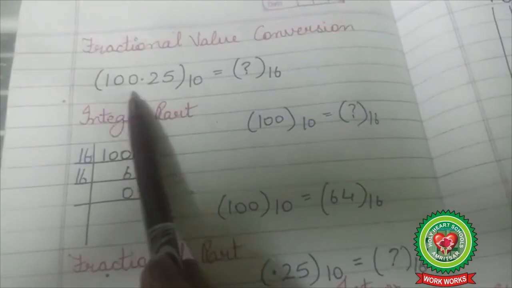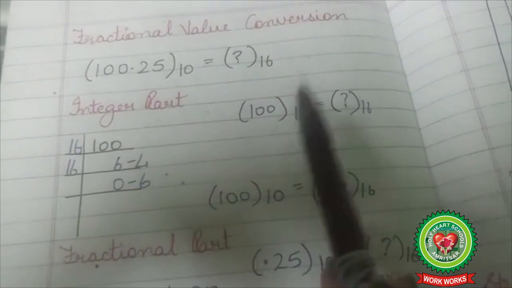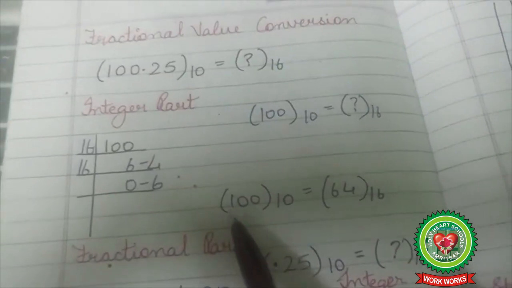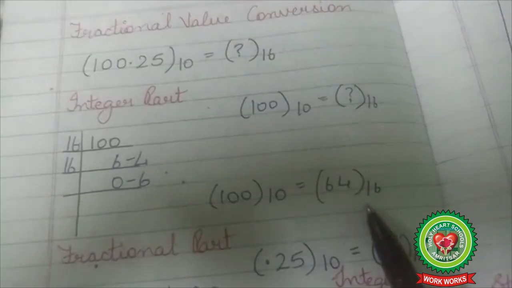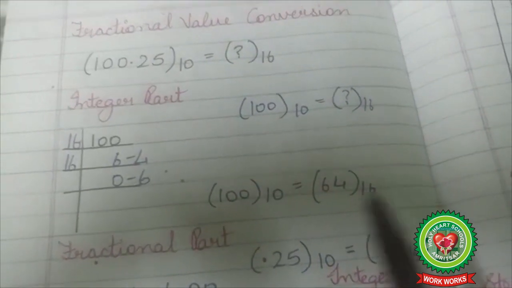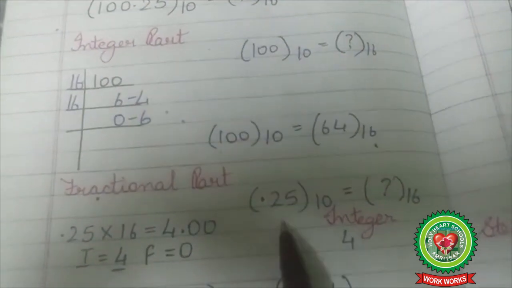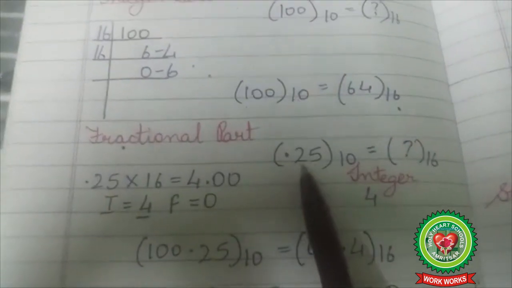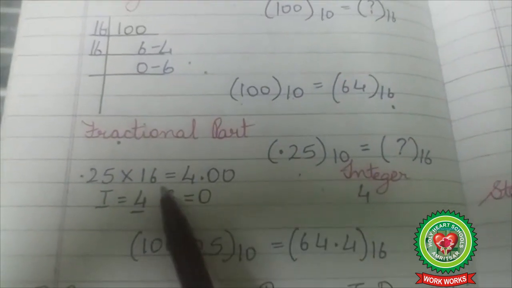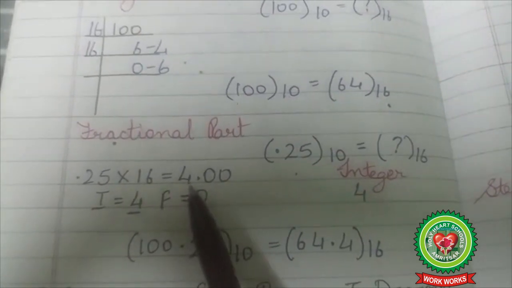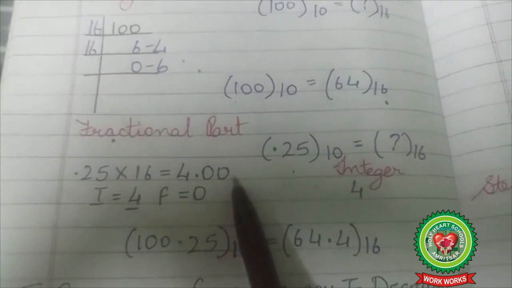Here 100 is an integer part and you all know how to convert this decimal number into a hexadecimal number. For the fractional part 0.25, we are going to multiply this by 16. The answer is 4.00.